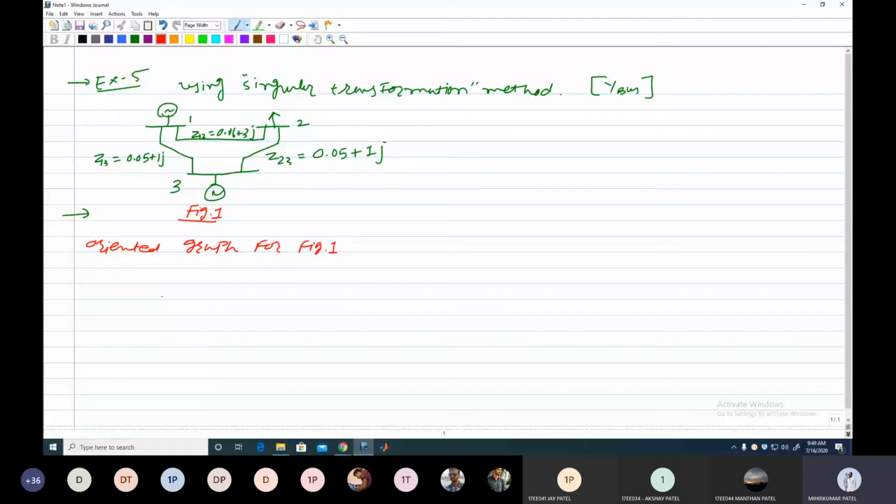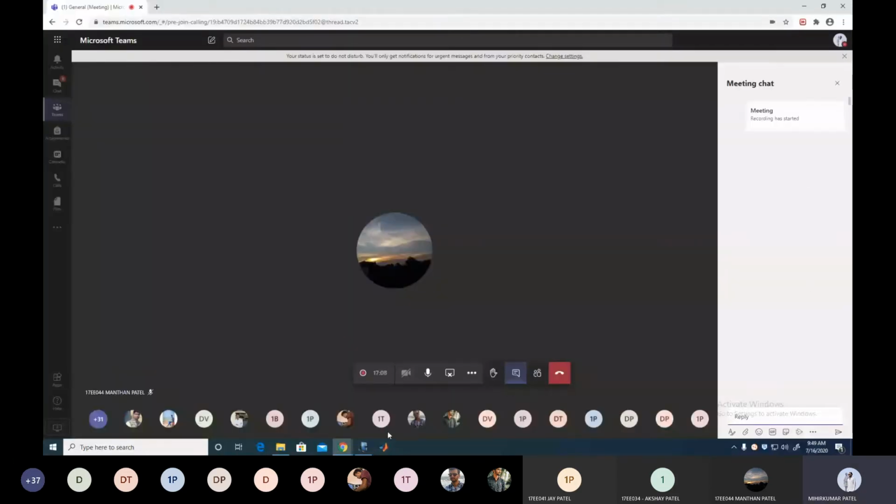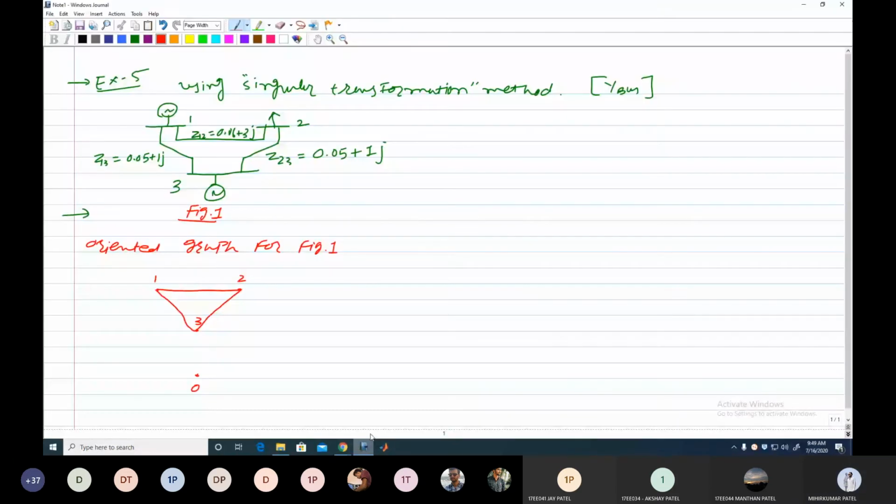Three nodes, one for each bus, 1, 2, and 3, and the 0 node is the reference. Here is the connection. Draw the graph and send it to me.